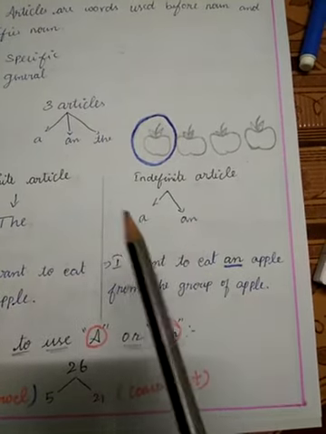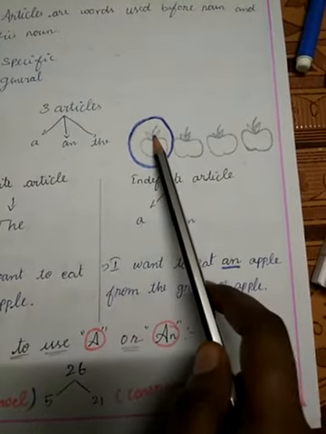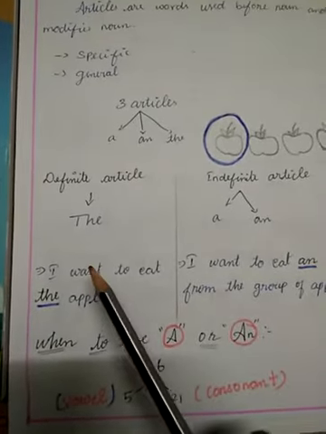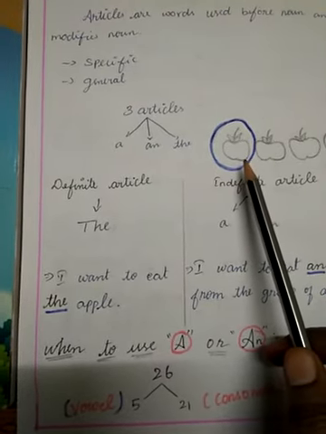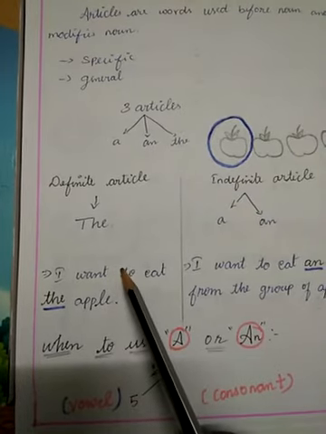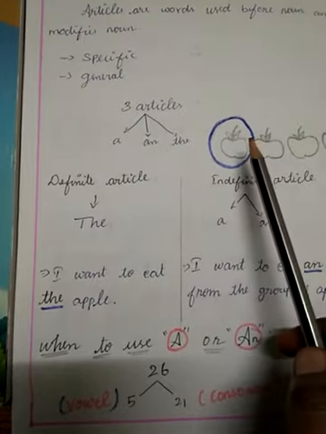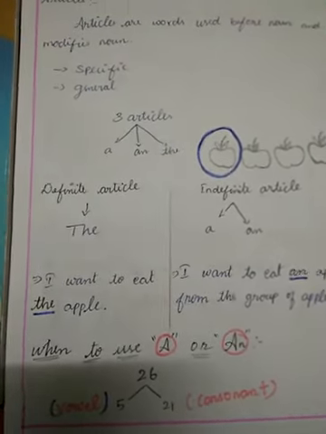Suppose you want to eat a specific apple from the group of apples. So let's say the first one, you will say, I want to eat the apple which is at first position from the group of apples.